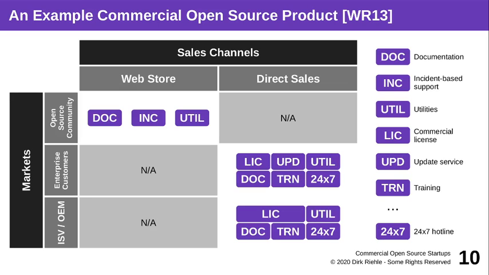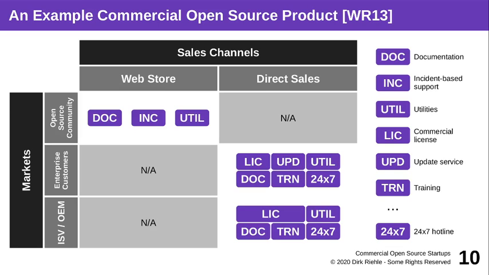Here's an example. That is Jaspersoft, which has been acquired by TIBCO. Jaspersoft was a business intelligence, commercial open source software vendor, and they sold a product consisting of multiple features through a direct sales channel, for example, to enterprise customers.